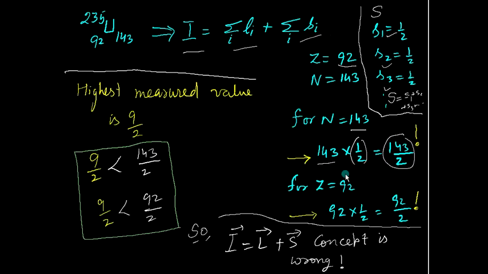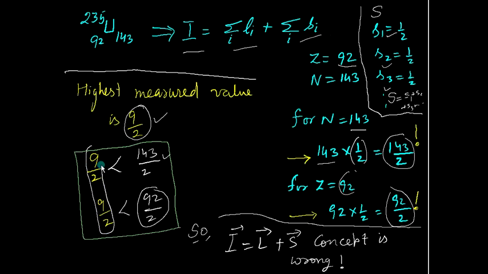Similarly for all the protons, the value will be 92/2, but experimentally, as you know, the highest value measured for the nucleus is 9/2. So 9/2 is very small compared to 143/2, and similarly to 92/2. In every case, the experimentally measured value is small compared to what this concept would give for the nuclear spin.